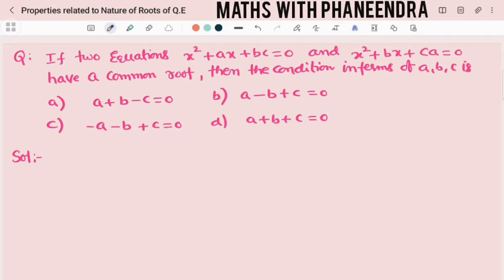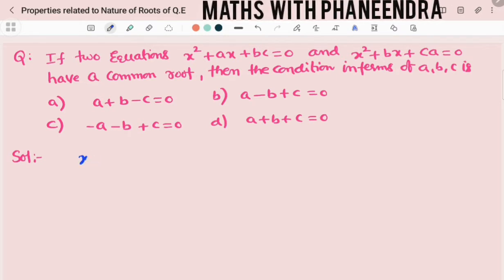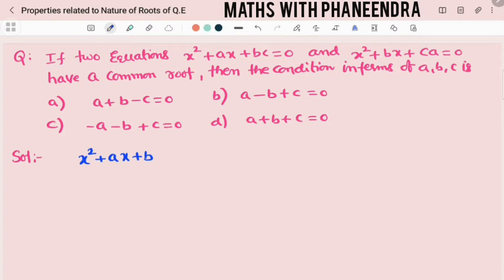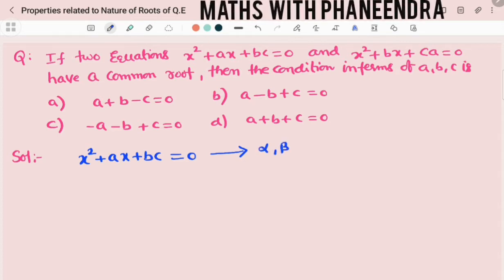For the first quadratic equation, x square plus ax plus bc is equal to 0, I am assuming that alpha, beta are the roots.